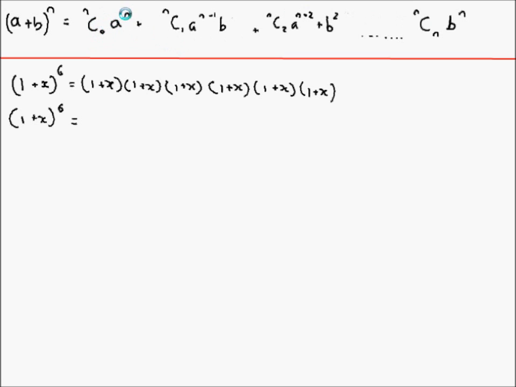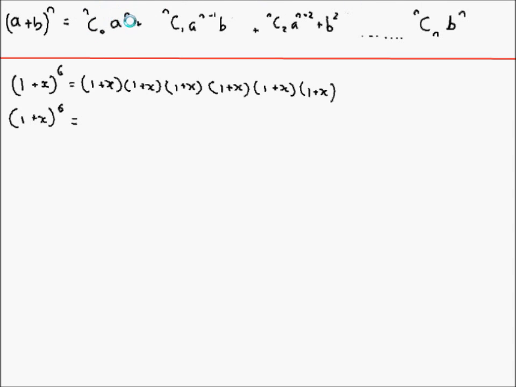For each part inside the bracket, the a part, you're reducing the powers from n to 0, and for b, you're increasing the power from 0 to n. So a starts at n and b starts at 0.